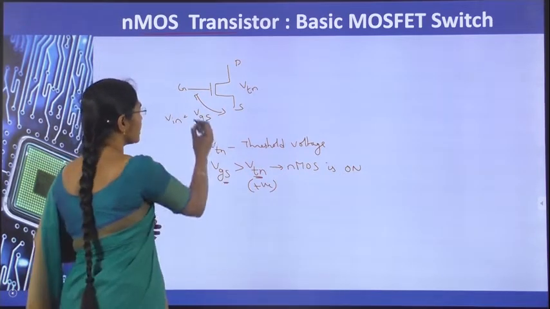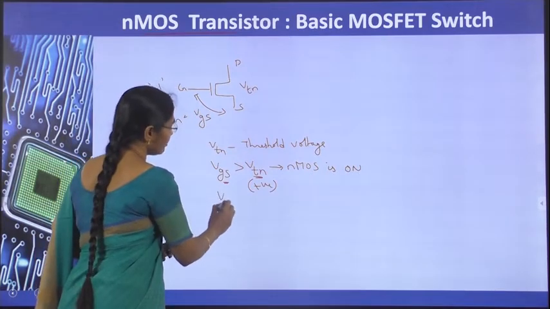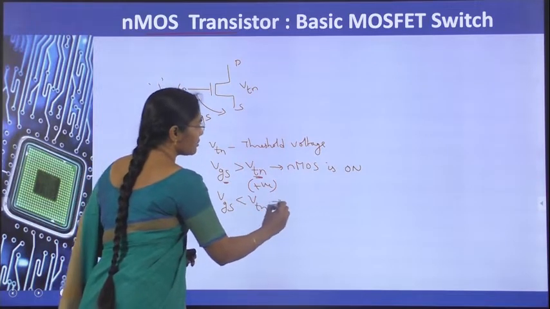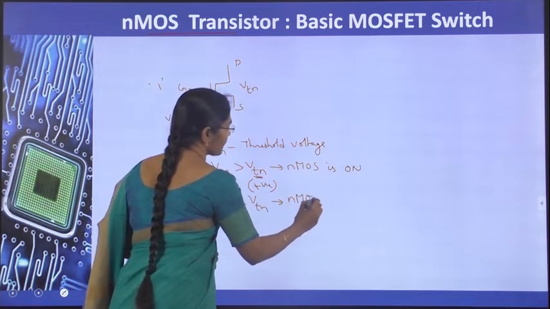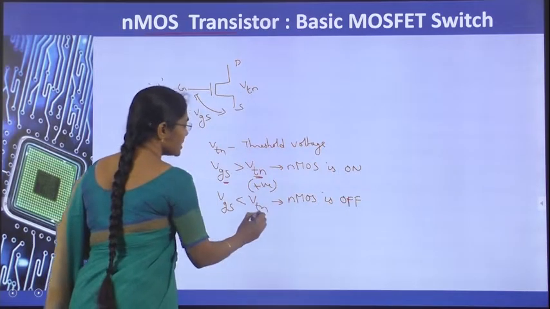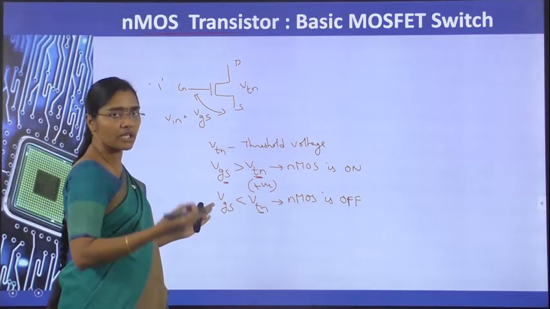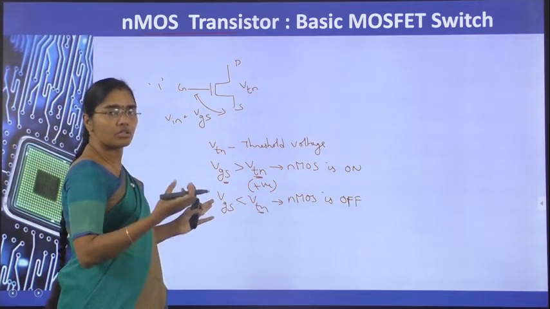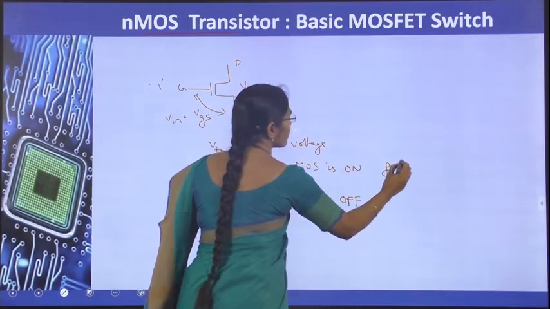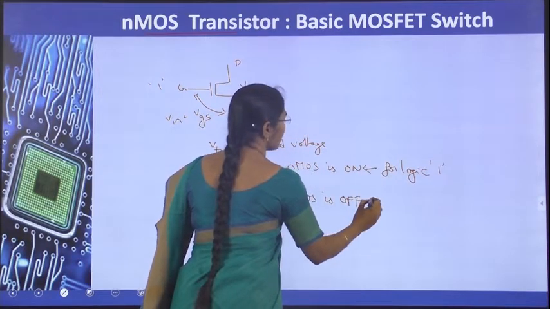That means for logic high, it will be in the on condition. And if VGS is less than the VTN value, then NMOS is off. VTN is a small positive value, so lower values, meaning low values, zero or negative values, keep it off. For logic high, NMOS is on.